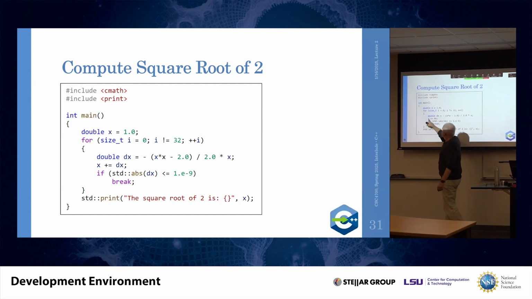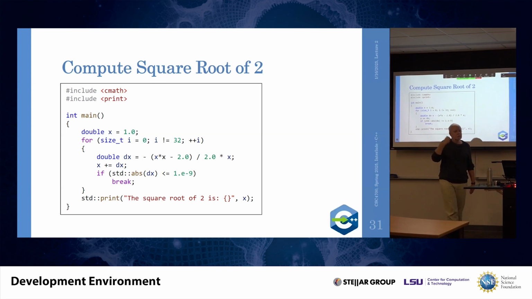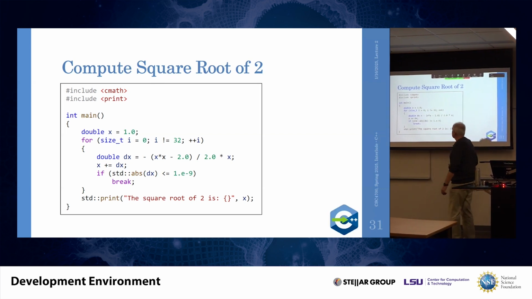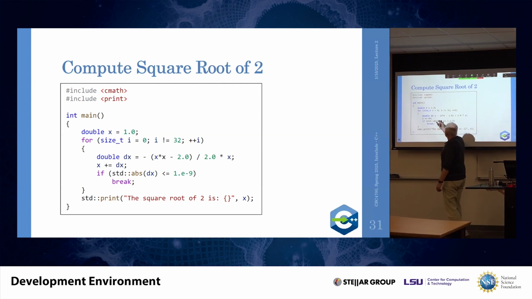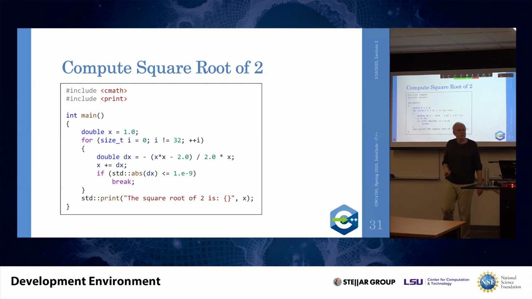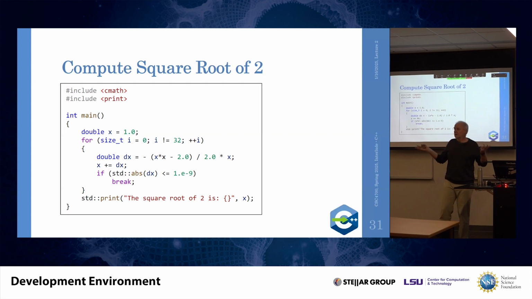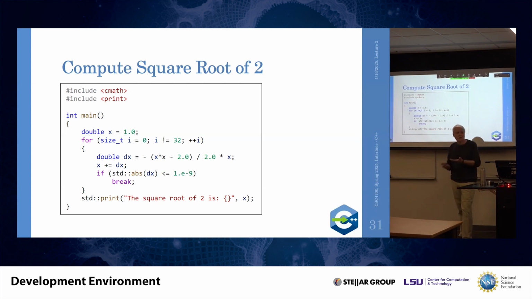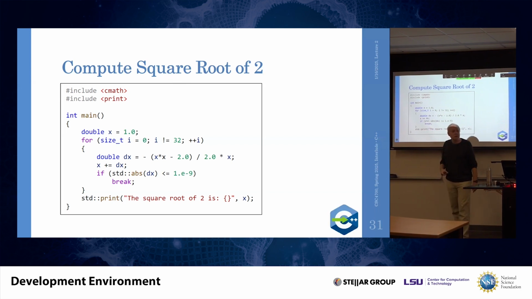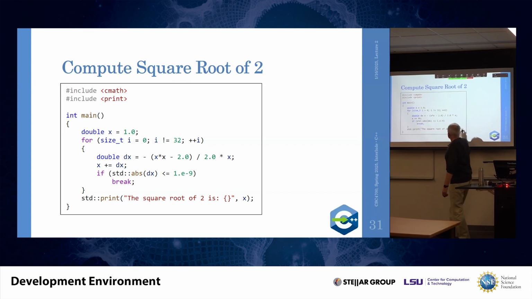Then I add that dx to my x, and that gives me the next value in my iteration of x. And if the absolute value of my delta is smaller than some epsilon, in this case 10 to the minus 9, then I think that I have reached an accuracy I'm happy with. And then x is actually my square root. And in the end, I print my square root.